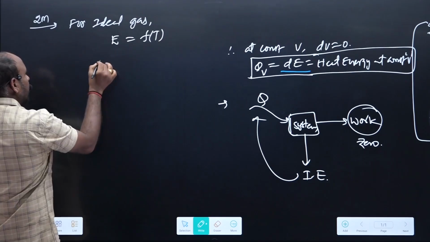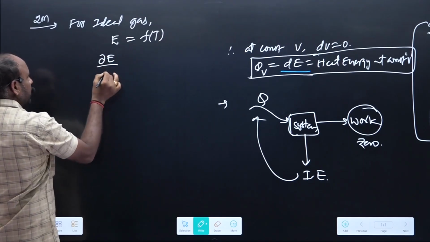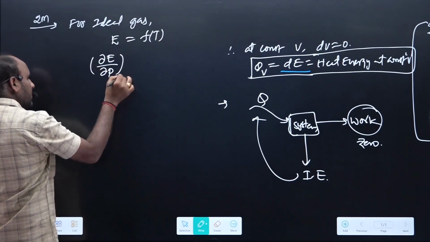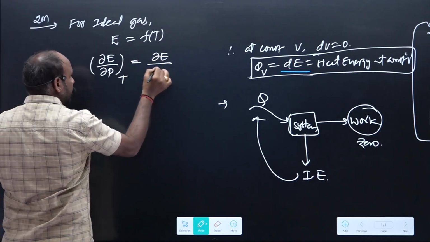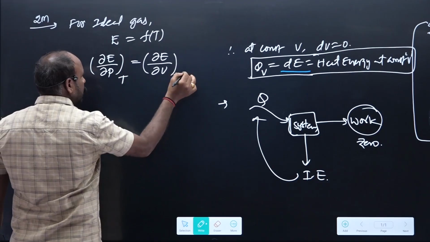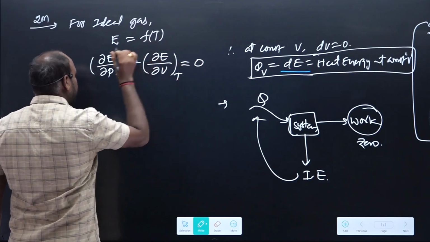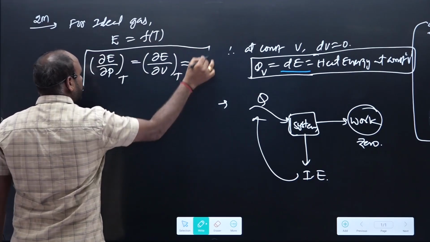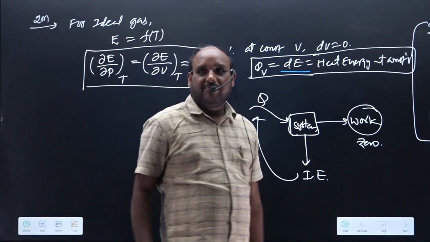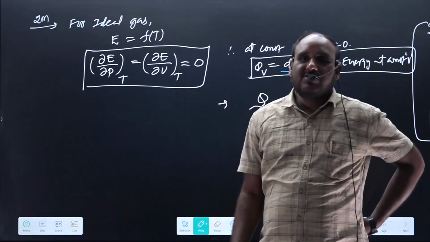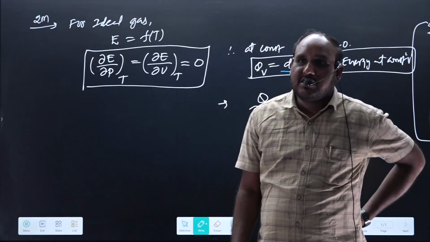If internal energy is differentiated with respect to pressure at constant temperature, or differentiated with respect to volume at constant temperature, that must be equal to 0. Internal energy is a function of temperature, for ideal gases.